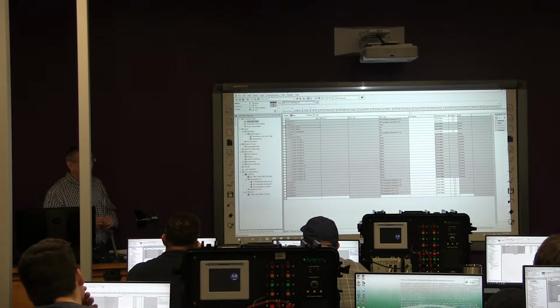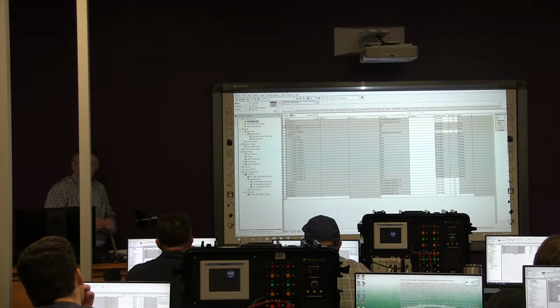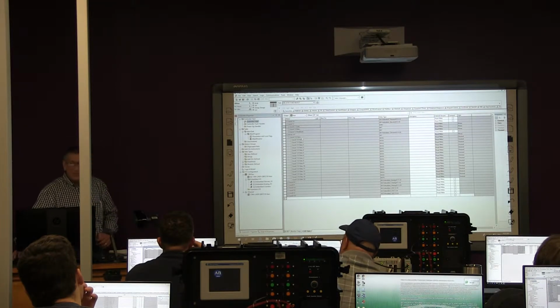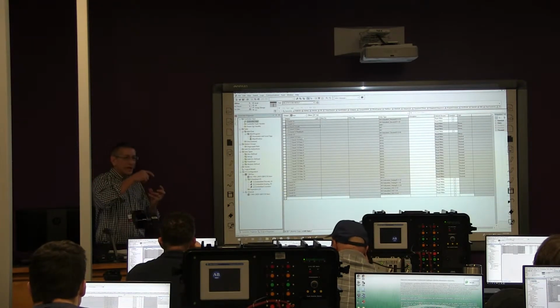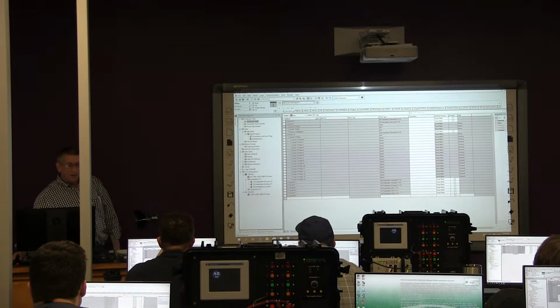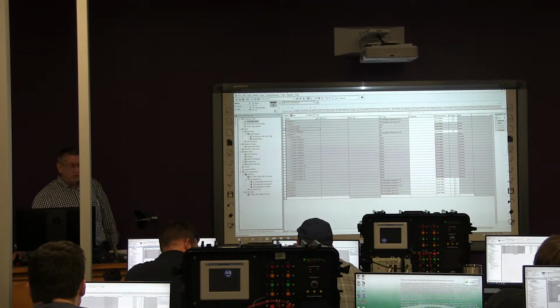Does anybody know why? Here's the thing, since they're both in the same slot, if we look at local 1I data, we have 16 bits, right? 16 inputs. The local 1O data, we have 16 outputs.